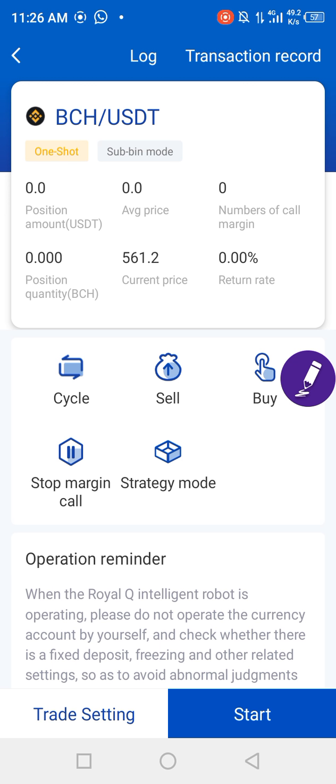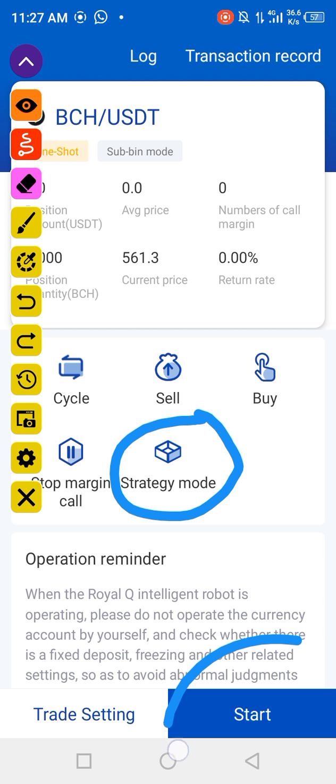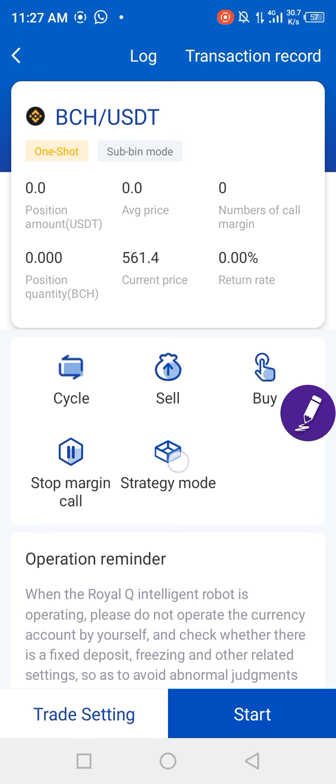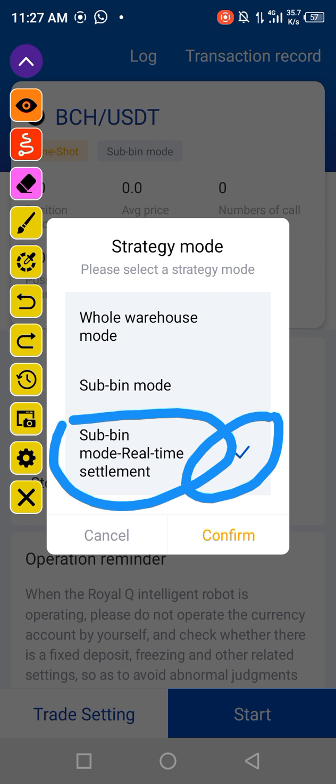So after that, there's one more important thing you need to consider: the strategy mode. Before you click on start, go to strategy mode. Then open it, then select this section. The sub-bin mode rate time settlement is very important for all your setups.